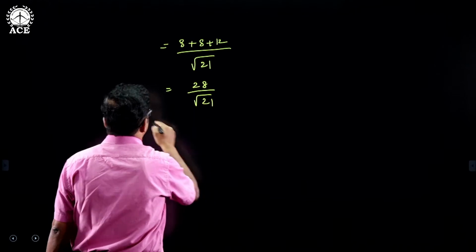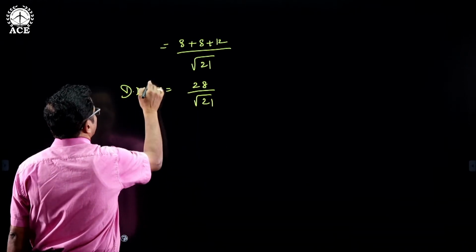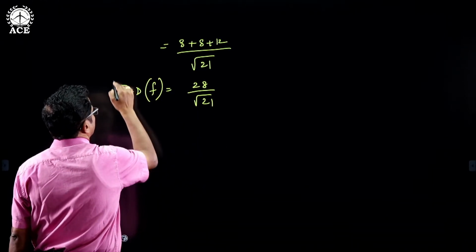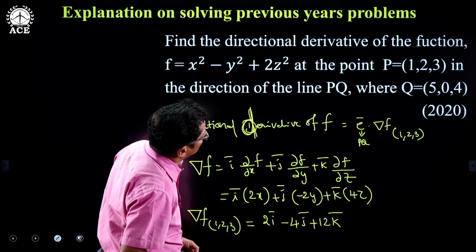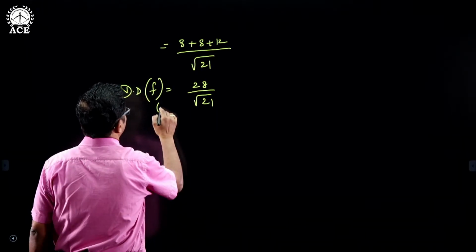So this is the directional derivative of F at the point 1, 2, 3.